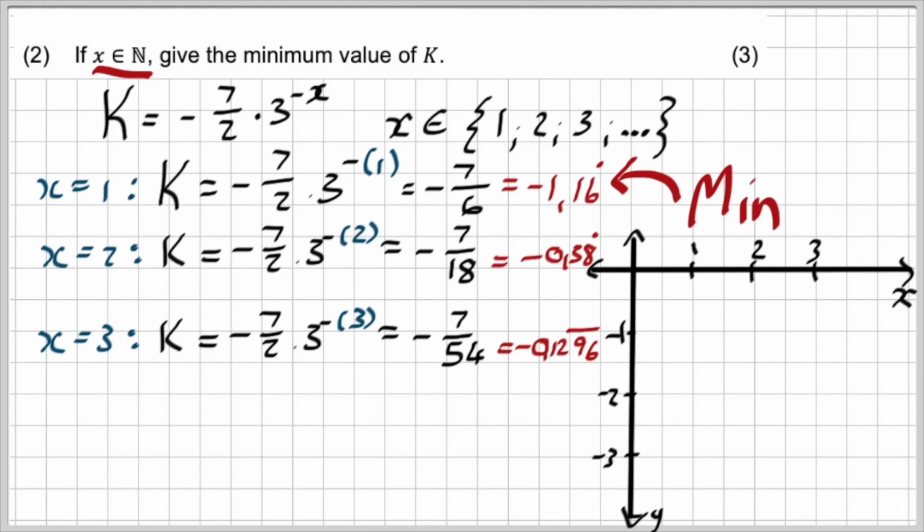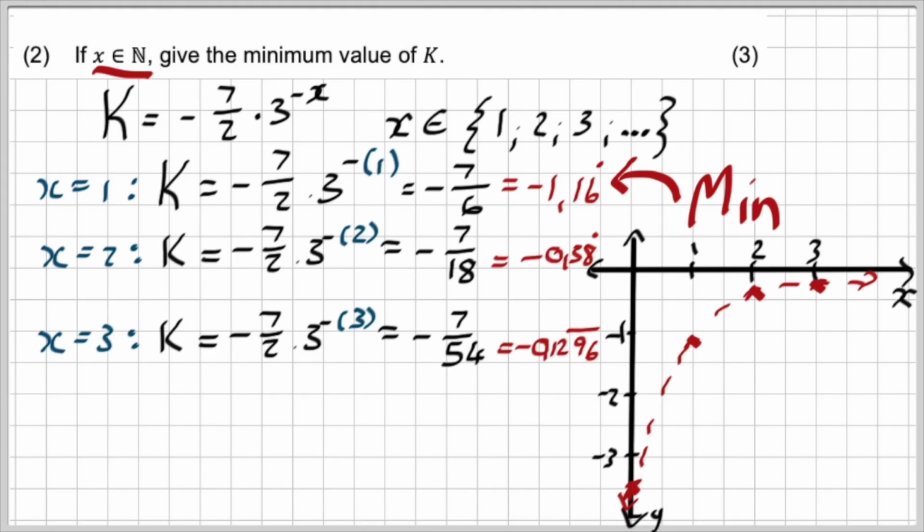You can go and draw this graph, and it kind of looks like that. Now, I draw dotted lines simply because they were talking about natural numbers, so it's not a connected line. But I'm not going to worry much about the connected and disconnected, but it is an exponential graph.